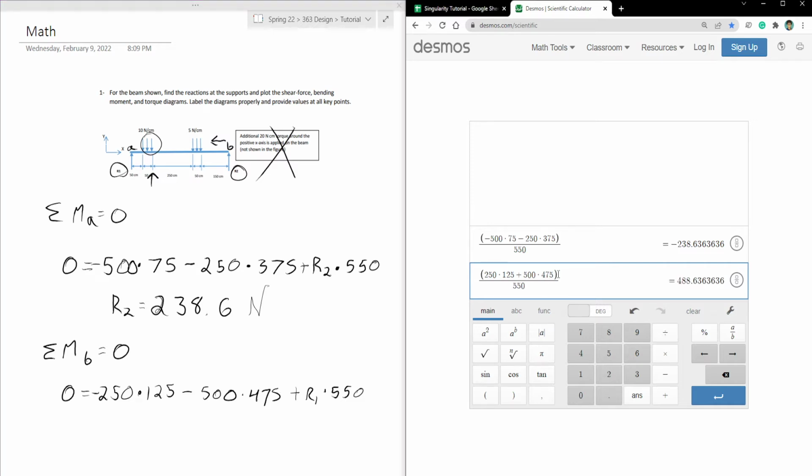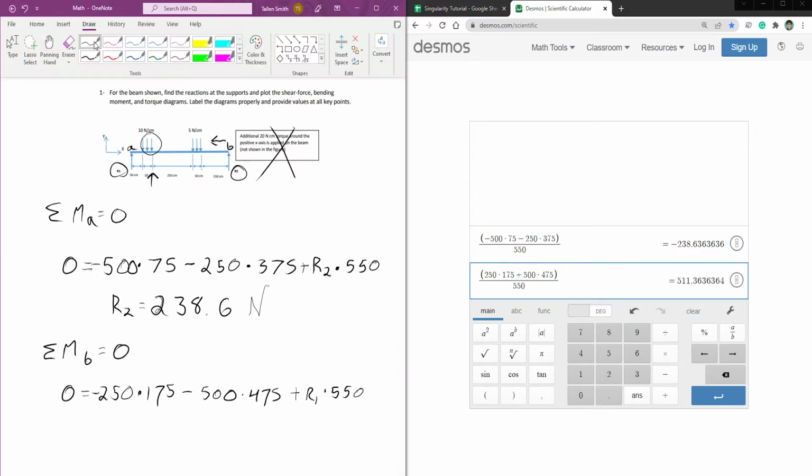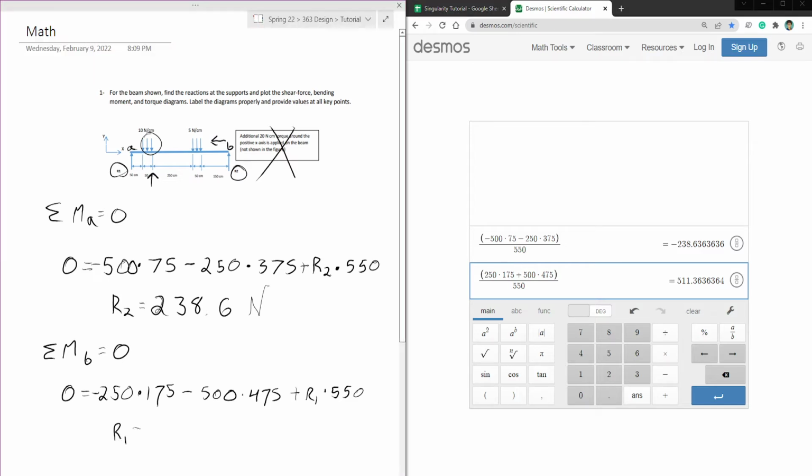That still gives us an answer that was different than before. 175. I thought this was 100. I'm looking at it from far away, my bad. There we go. So that gives us our reactive force 1, which is 511.36 newtons.